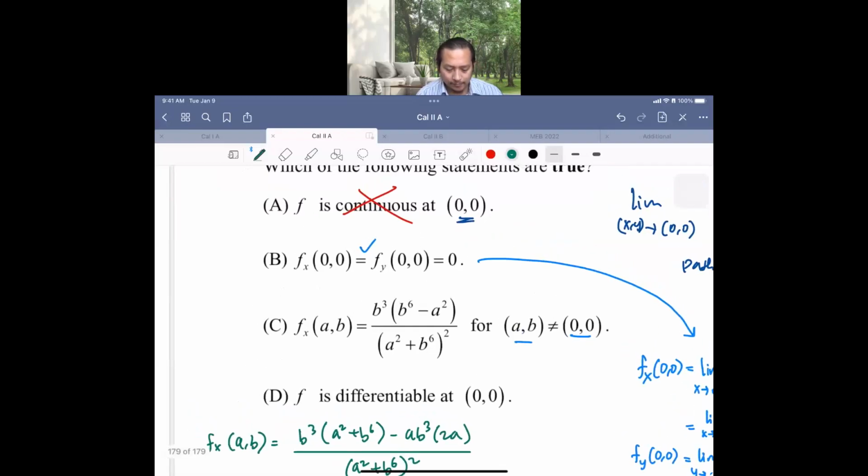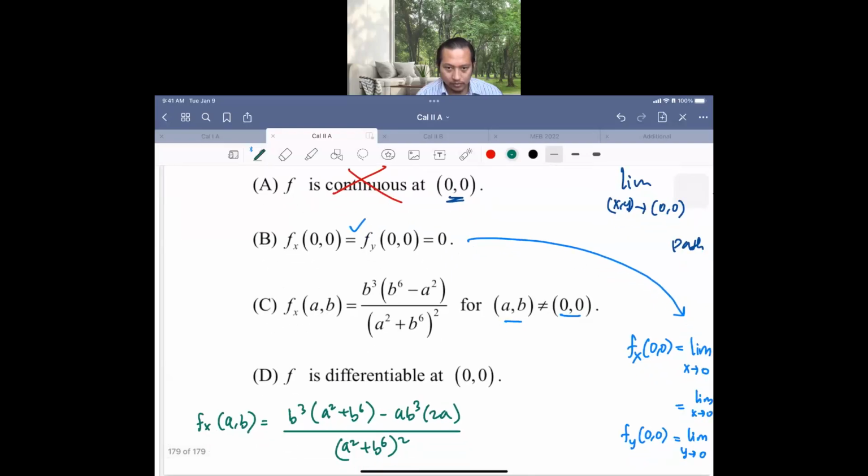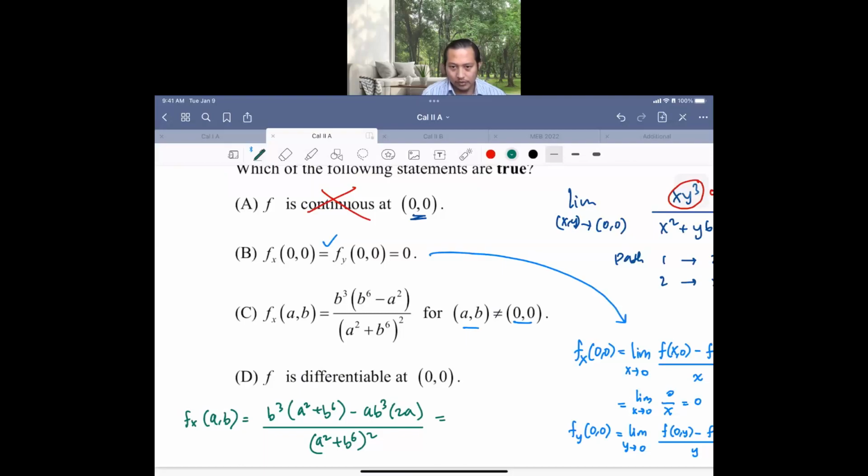Partial x, right? And we can solve this for A squared plus B to the sixth squared, and then take out the 2A cubed B to the sixth minus A squared.